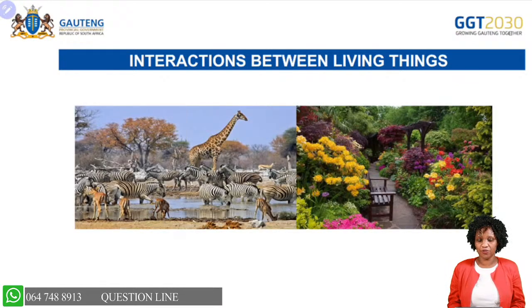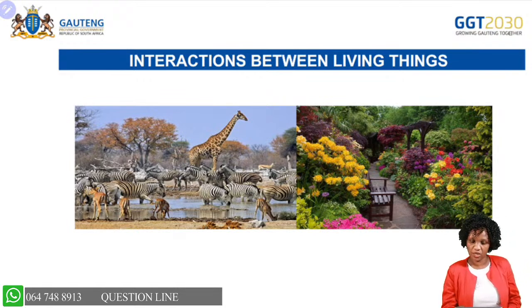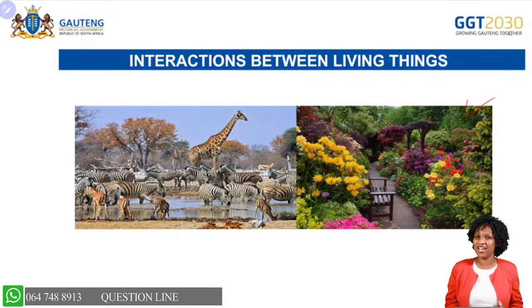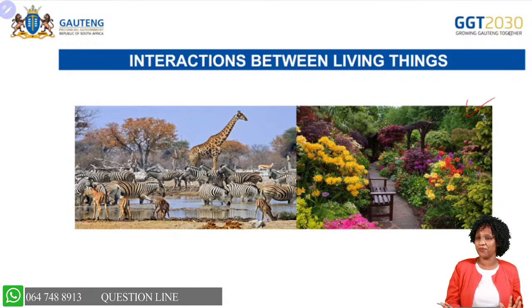And then we've got interaction between living things. We've got a poster of flowers. These are different flowers. They are not the same. All right? They are different. You can see the other ones are yellow, some are red, some are orange, some are purple, some are pink, some are green.